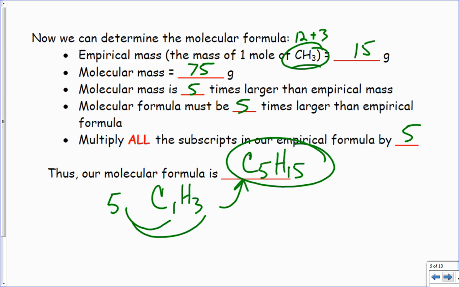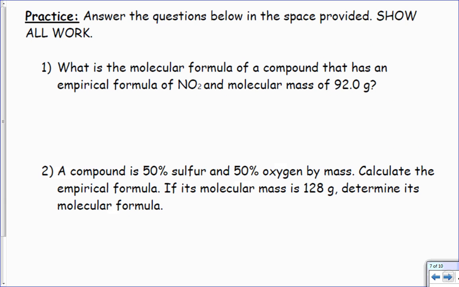What I need to know is that these empirical formulas are going to come in chunks. Now, how many chunks do I need to get to 75 grams? Do I need 5 chunks? Do I need 4 chunks? Do I need 6 chunks? And I had to figure that out by taking this number and dividing it by this number. Once I have the empirical formula, we're good to go.